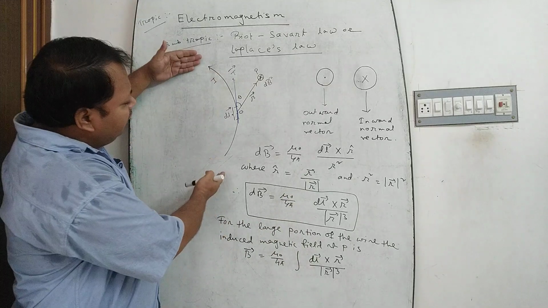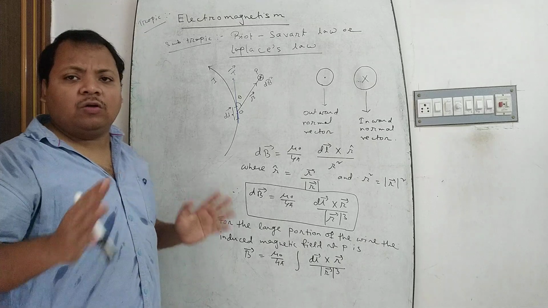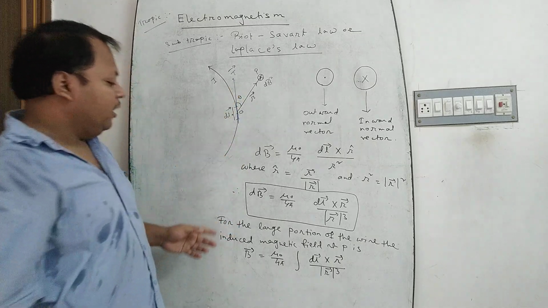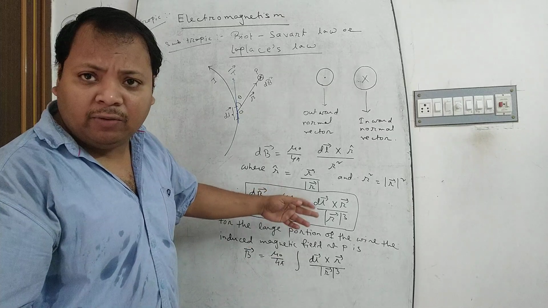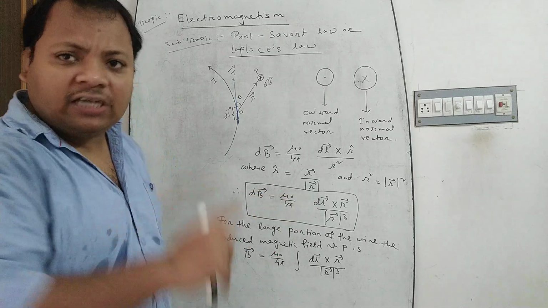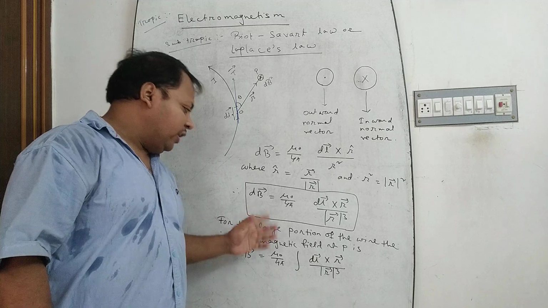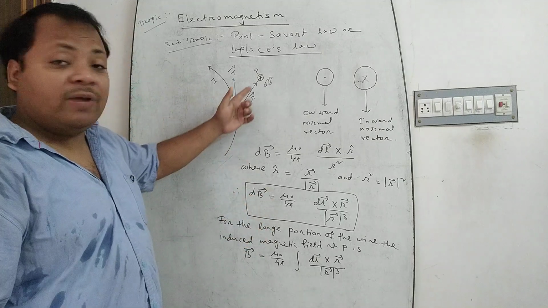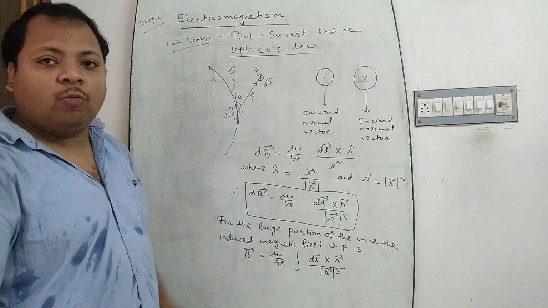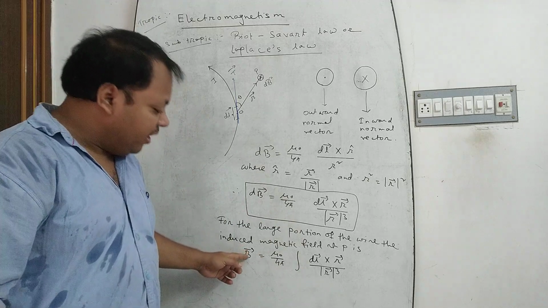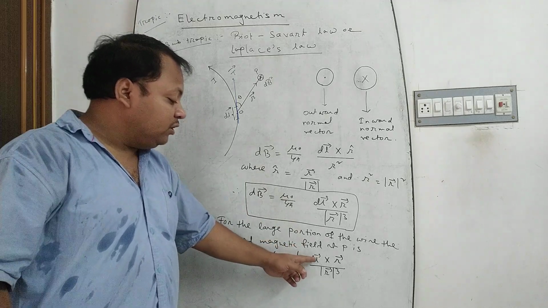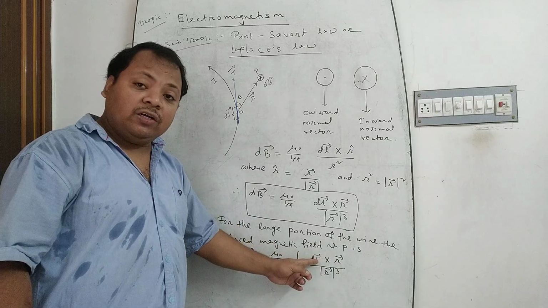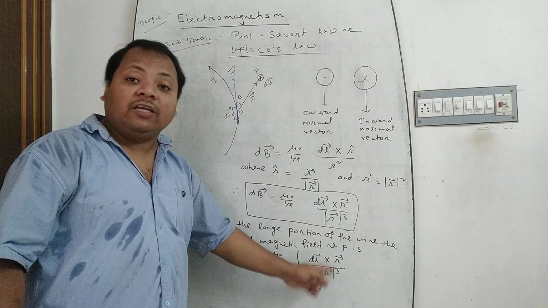For a large portion of the wire, we have to integrate the last expression. That's why for a large portion of the wire, the induced magnetic field at the point P, we can write B vector is equal to mu 0 by 4 pi closed integration of dl vector cross r vector by r cube.